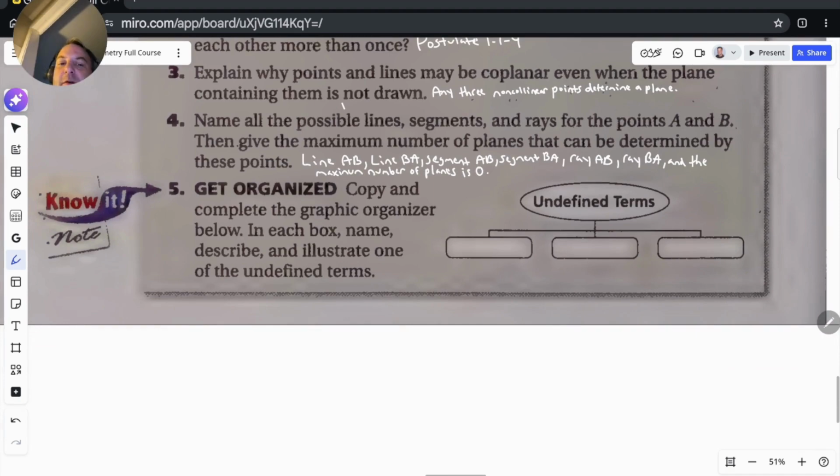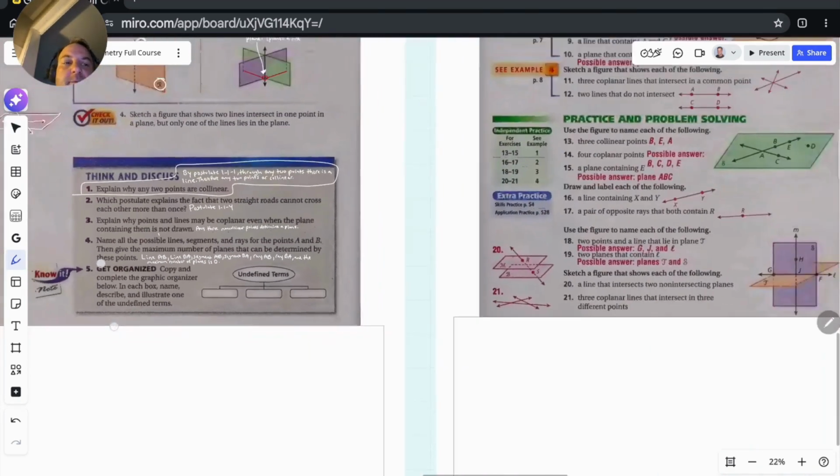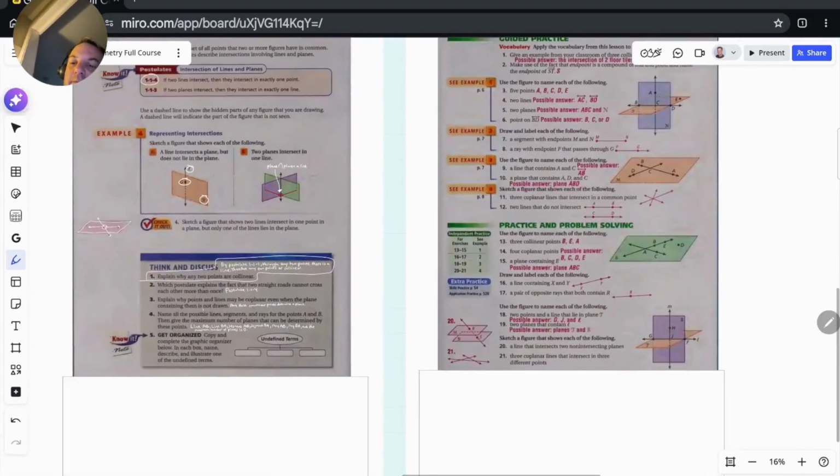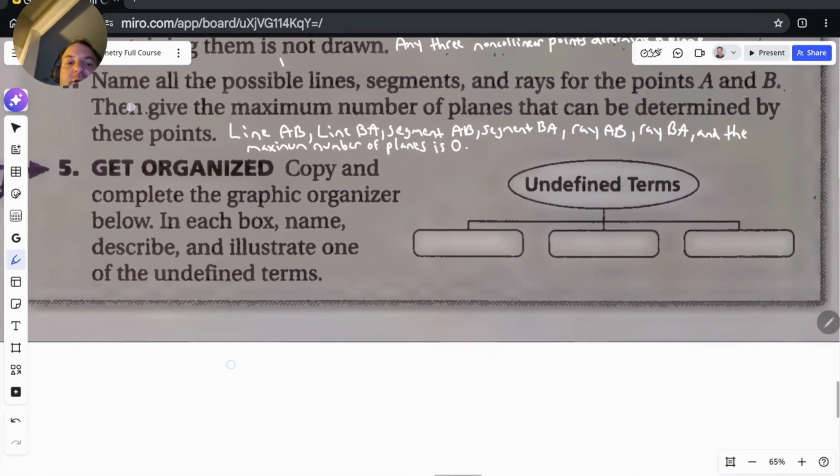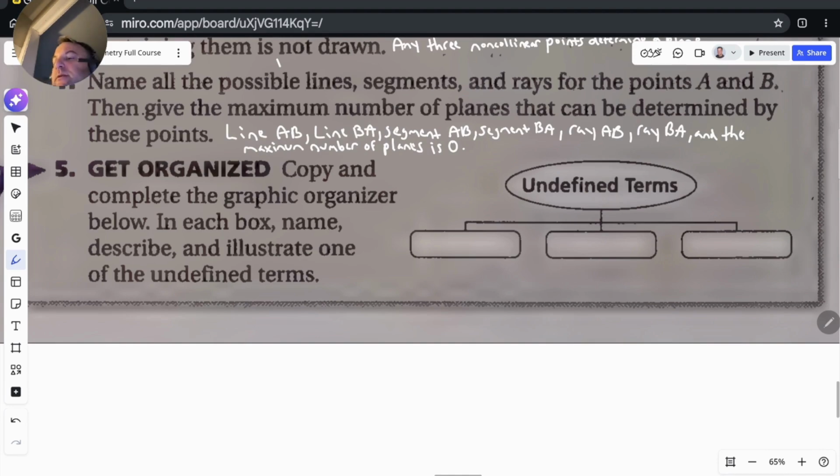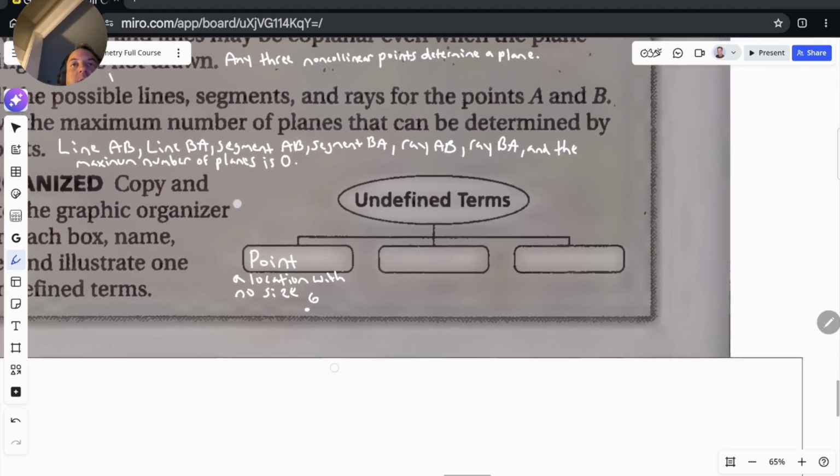All right, and then our number 5 here, the last problem, before we jump over to our exercise set, will be a graphic organizer. So let's throw in our undefined terms that we've been talking about throughout these past few videos. In the left box, we can write point. This is a location with no size. So for example, we might have point G. Okay, what about the middle box?